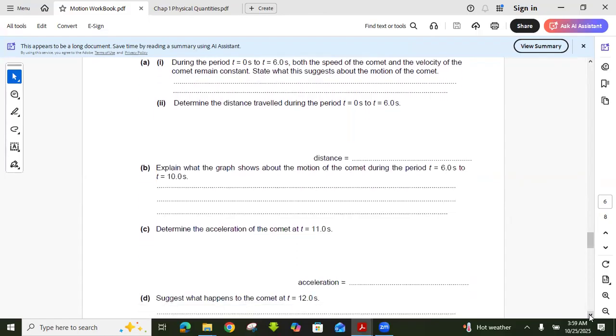Determine the acceleration of the comet at t = 11 seconds. Now you need to find the acceleration from the graph. Now let's see which method we are going to use here. This is part C. You are going to use the formula: V final minus V initial over time.